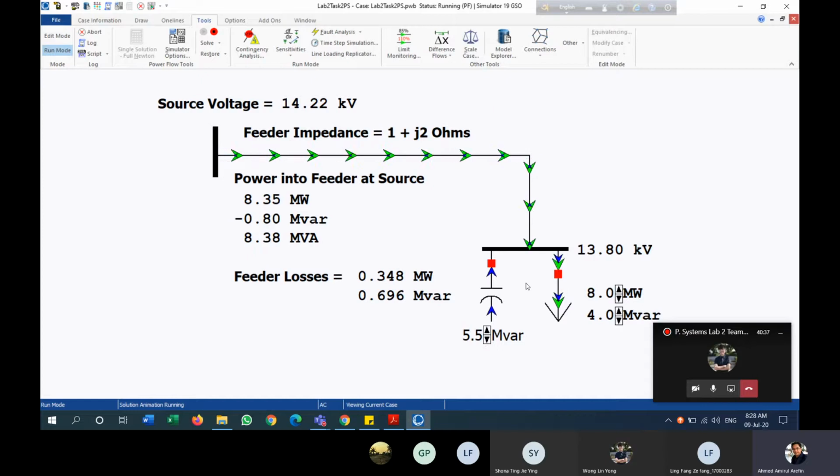Basically, the capacitor in the circuit is supplying the reactive power. Here we have a load of 8 megawatt and 4 MVAr, which is the reactive power.